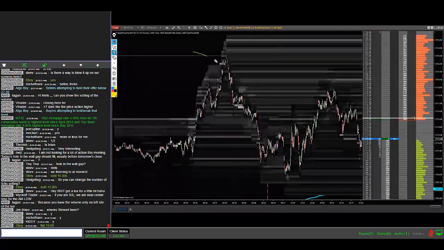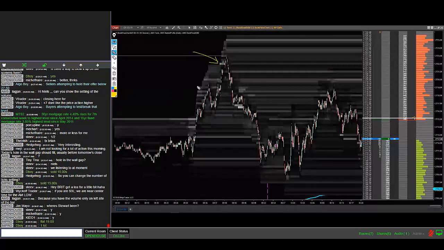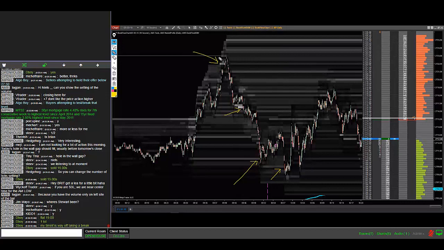But anyway, you can see the lighter the color, the bigger the offer is at that price, right? And below, it's the bigger the bid is. So right now, here they were trying to hold it. When it went to the 23-ish high, you can see a lot of offers coming in, right?